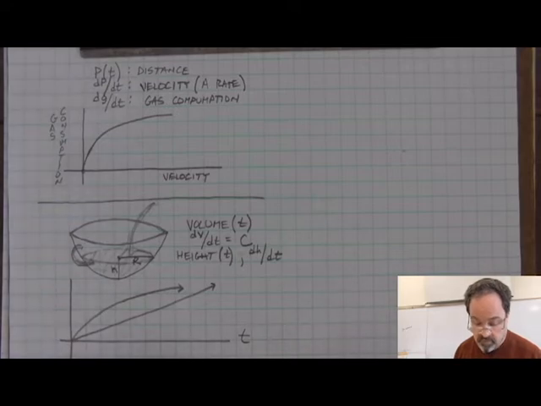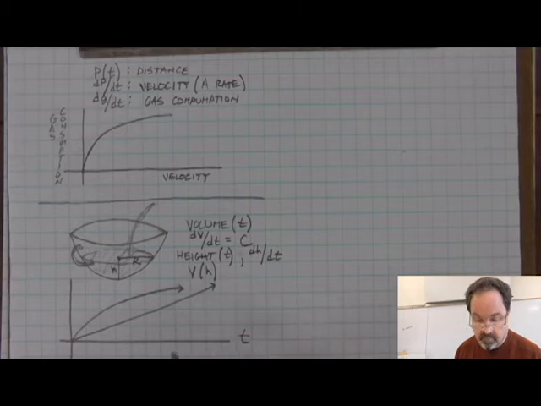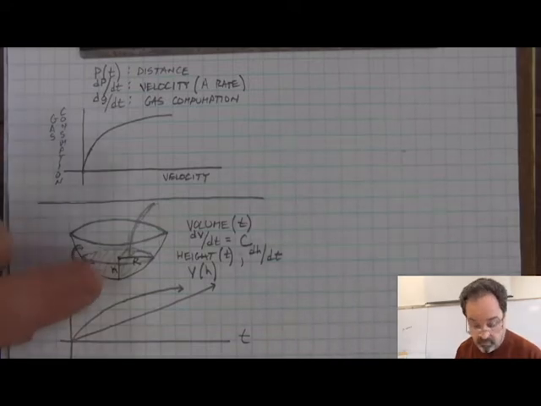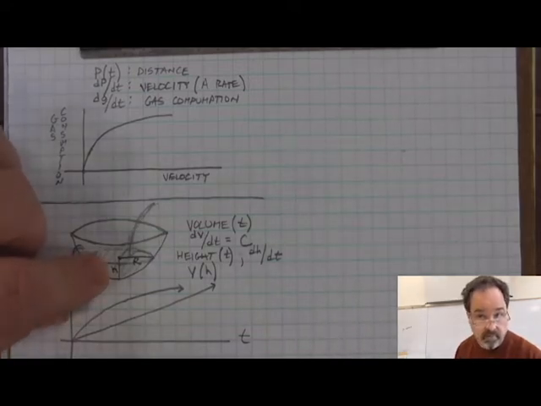There is an equation that relates volume as a function of height, or height as a function of volume, because at every particular volume, we always have a certain height, and vice versa.